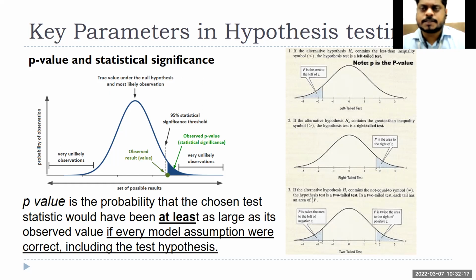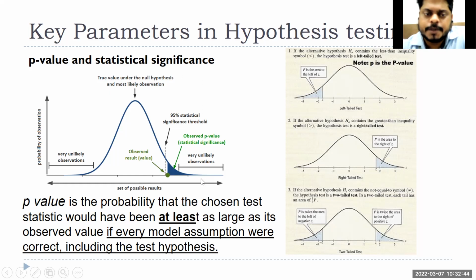So I calculate that. Let's say I got some number like 0.2, 0.3, or 0.4. In this sampling distribution, which is a T distribution or normal distribution or a Z distribution, what I'm trying to find out is where this number will lie on the number line. Will it lie in this dark blue region or in this white region?